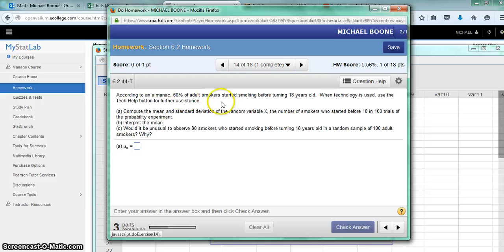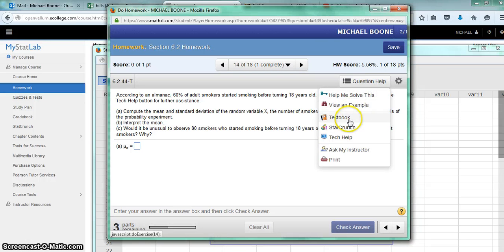So if 60% of adult smokers started before they're turning 18, and we had 100 trials, right? So we would expect 60 of them, right? Your mean is your percentage, your p, times your n. So that's one of the formulas.